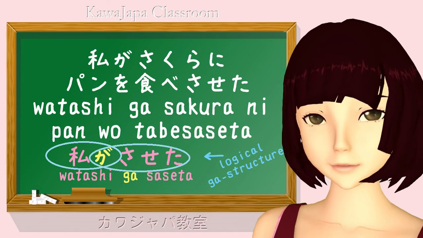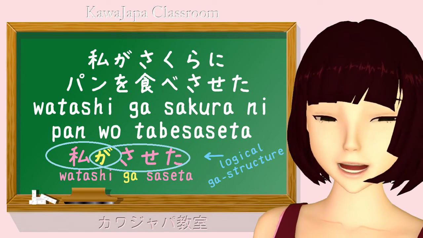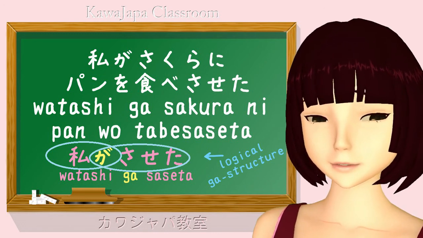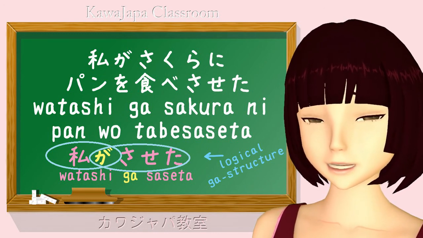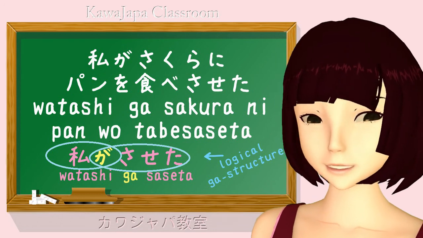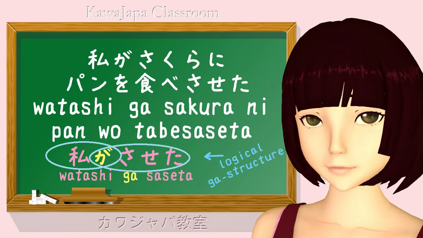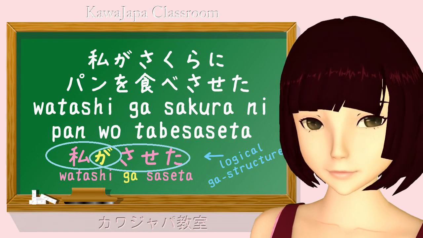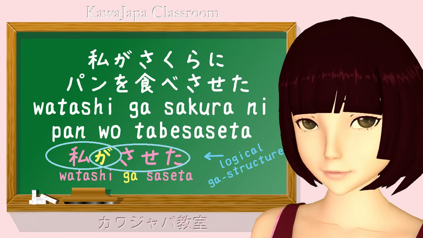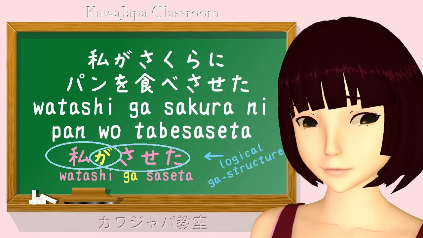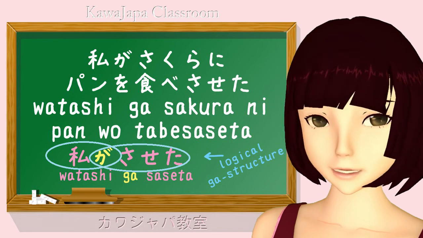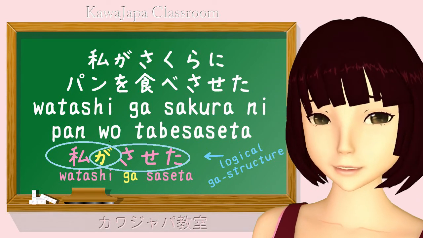Now there's a more rigorous reason than this, but I think the simplest way to look at it, the least problematic way to look at it is simply this. Japanese does not allow two o's in the clause. Therefore, we say Sakura ni pan wo tabesaseta. Taberu, in this case, is what we call a transitive verb. That means it has an object. That is the bread. Pan wo tabeta.